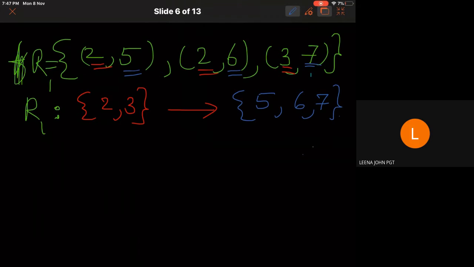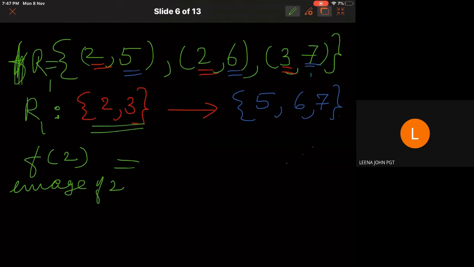This is a relation defined, and you have to just check whether this relation is a function or not. For that, what you need to check, every element of this domain should have an image, and the second condition, the image is unique. So what is the image of 2? Image of 2 means from here you will check.